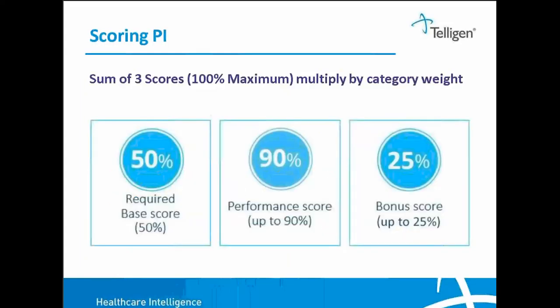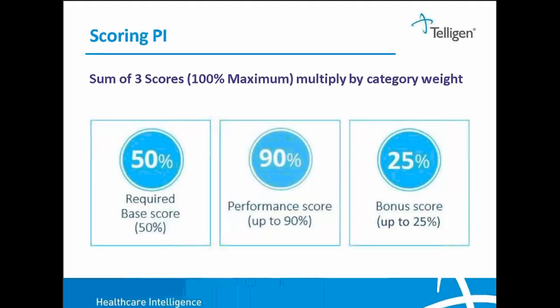So let's talk about scoring. It's very similar to last year. A clinician earns promoting interoperability measure points as a sum of 3 components. There's the base, the performance, and the bonus components. There's no change to the base score. It's all or nothing measures. You have to report all the measures and pass to receive the 50 measure points before you can move on.